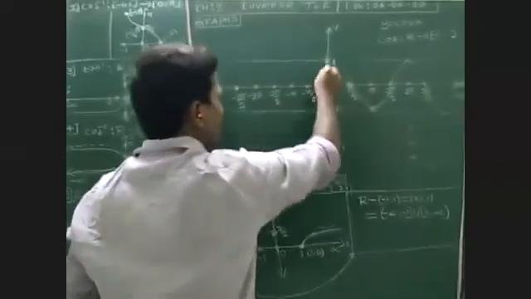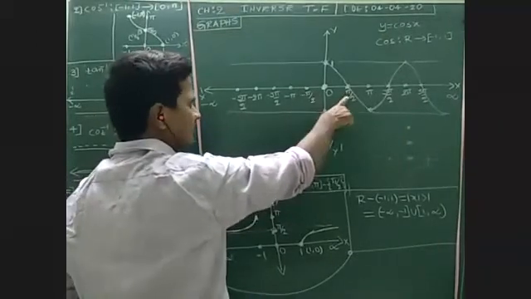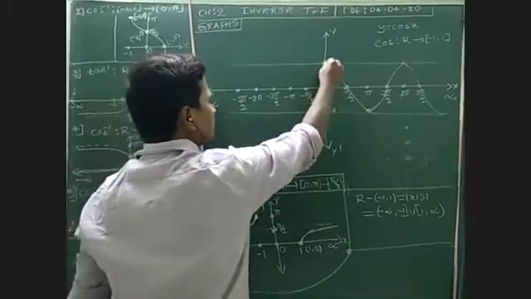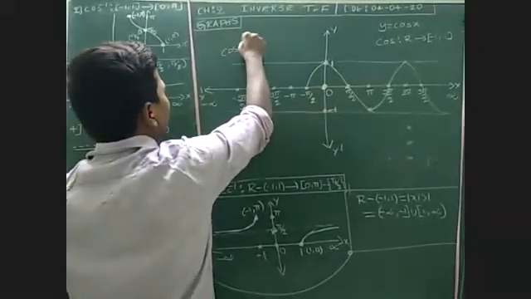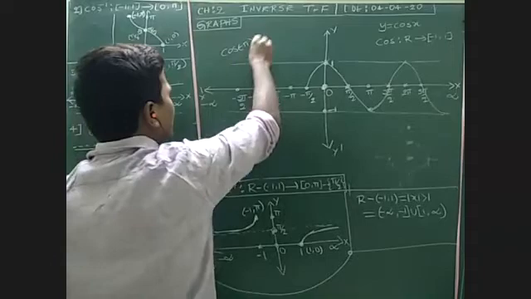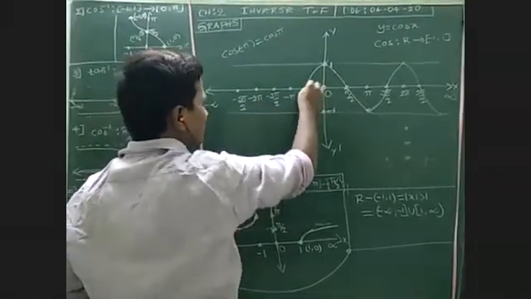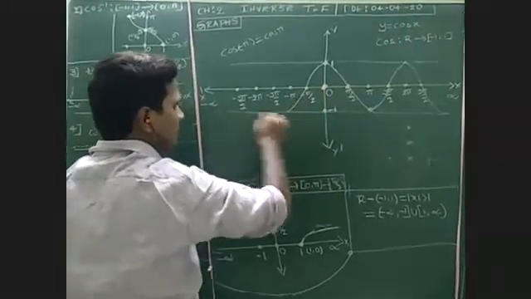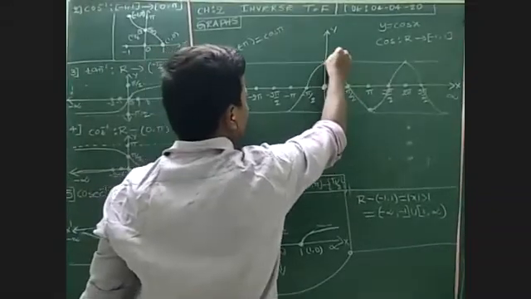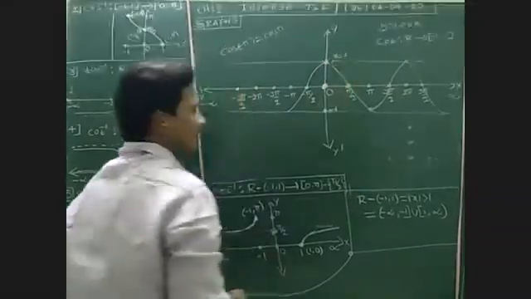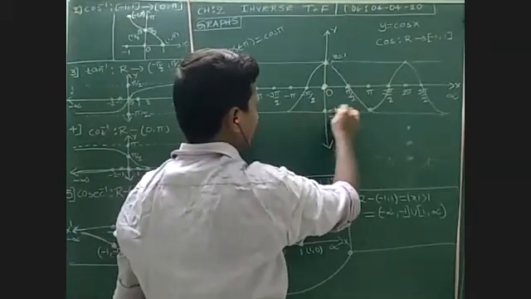In the same way, look at your left side. Cos -90 is 0, the same as cos 90, and cos of -180. Already we know that cos of minus theta is cos theta only. Again, cos 180 is -1 only. So we'll get -1. This line is y is equal to 1, and this line equation is y is equal to -1.